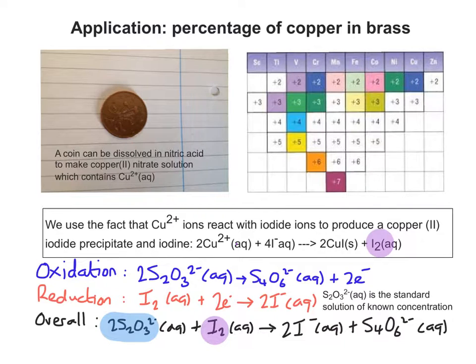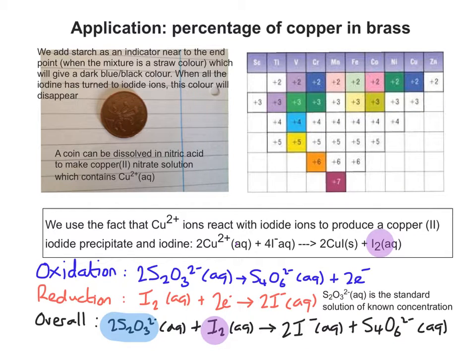Now the thing about iodide is that it is a different colour in the presence of starch than iodine is. But unfortunately the change from iodine to iodide is quite a gradual change. So although they have two different colours, we use an indicator to help us this time. You may or may not be aware already that starch and iodine form a very deep black solution called starch iodide.